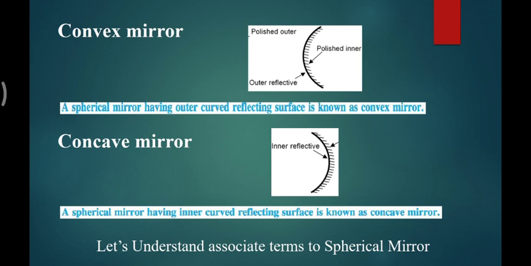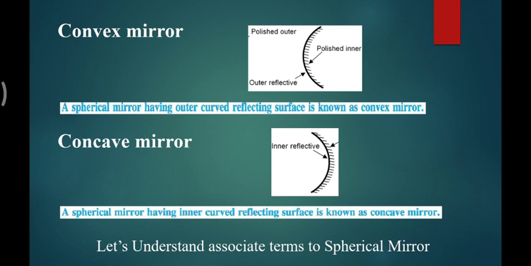Convex mirror, first of all: in the figure you can see the reflecting surface is outwardly curved, so the mirror is named convex. As you can see in the first figure, the reflecting surface is the polished inner surface.